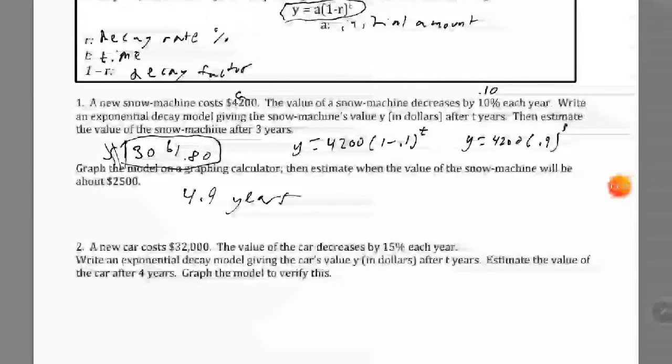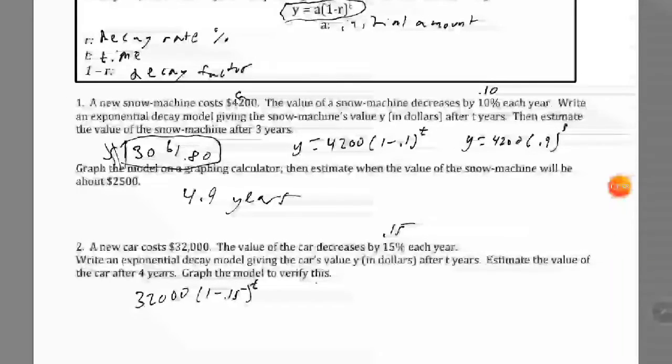Number 2, a new car costs $32,000, so that's my initial amount. Car value decreases by 15% a year, so it's 0.15. So y equals 32,000 times 1 minus 0.15 to the t power. That's my decay model.